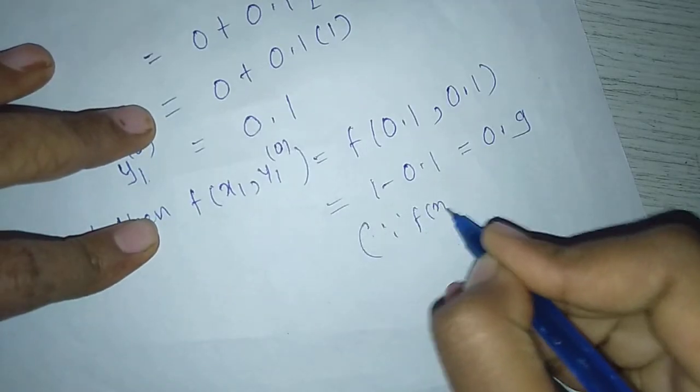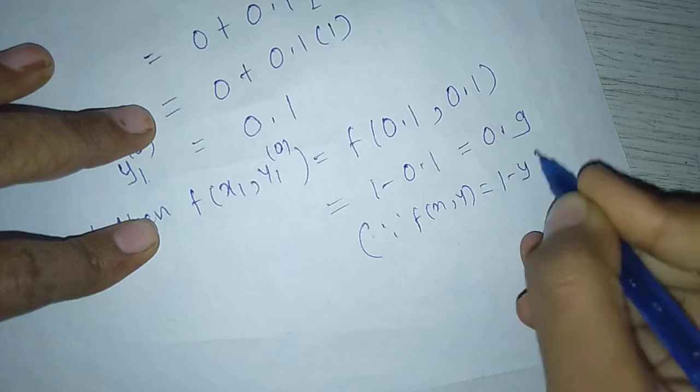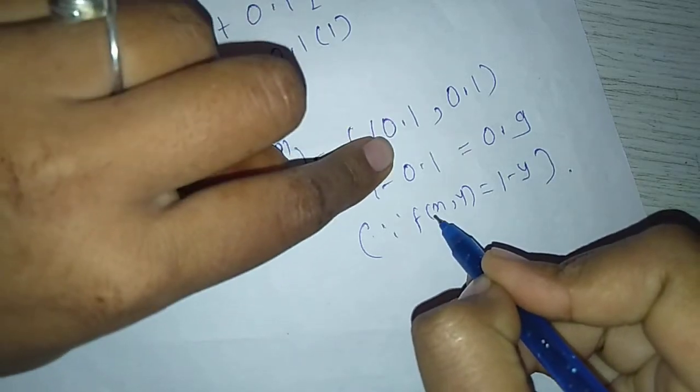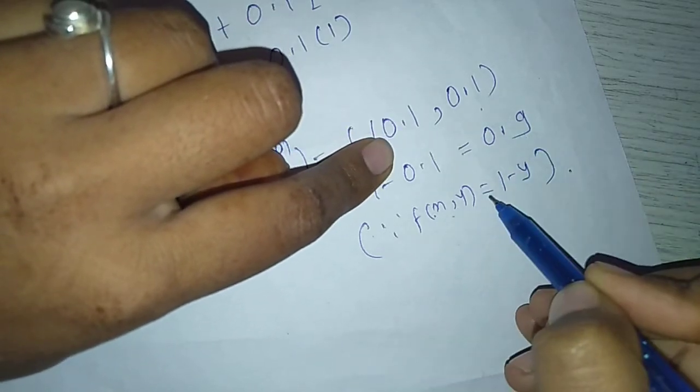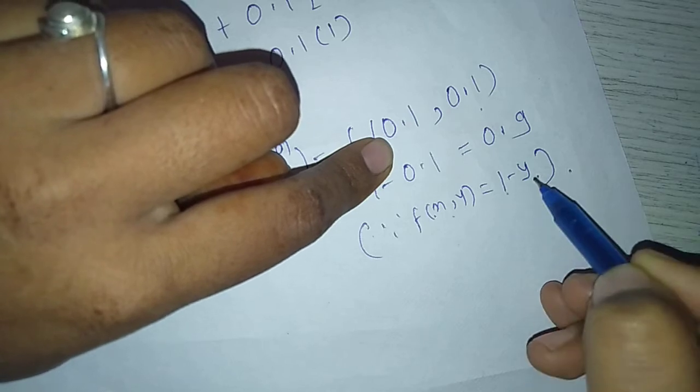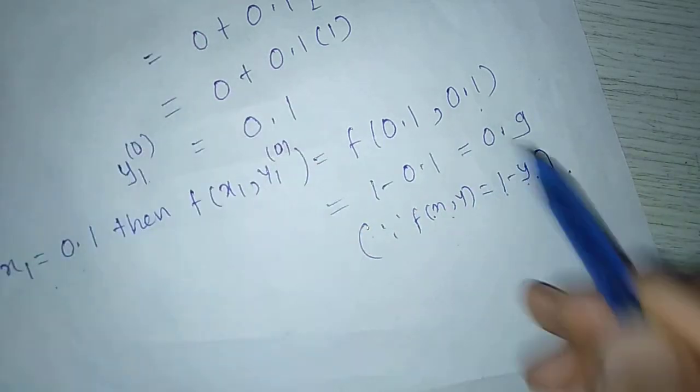Since f of x y equal to 1 minus y, here x is 0.1, y is 0.1, so 1 minus y is 1 minus 0.1, which is equal to 0.9.